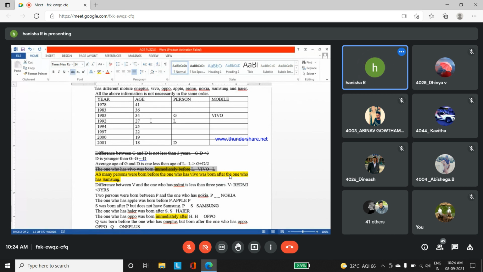We got the exact position where Vivo will come, so we have marked it. Now we have to mark Samsung in such a way that it also satisfies the clue. So before Vivo you have 2 persons, so obviously you should mark Samsung in such a position that after Samsung also you have 2 persons. So 1, 2. So here you have Samsung.